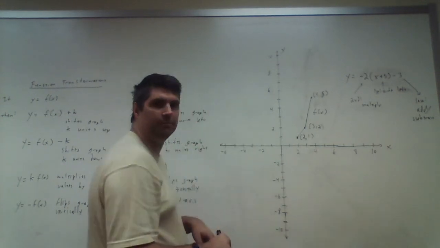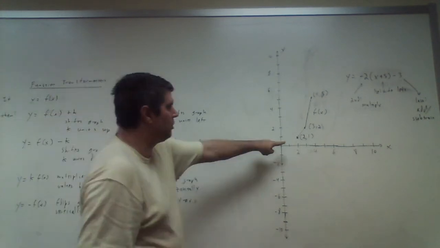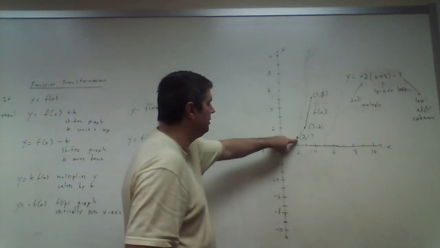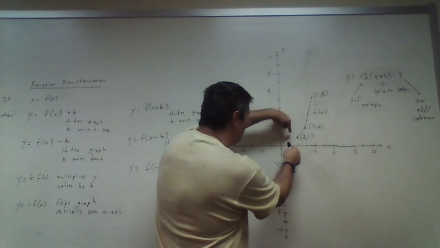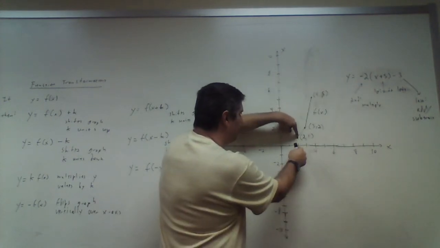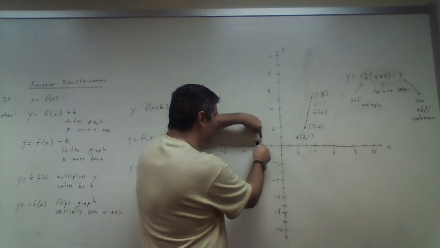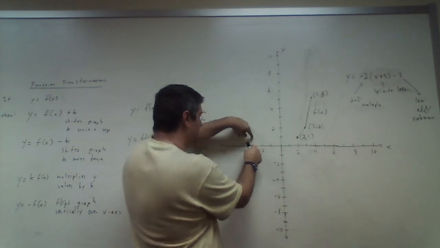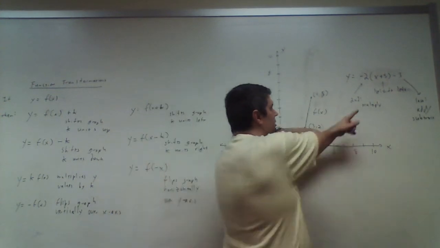Let's start over. So we'll start with this one. We've got this point here. We're going to shift it 5 units to the left because of the plus 5 in parentheses. So 1, 2, 3, 4, 5. So here's where it would be normally if we just shifted it.